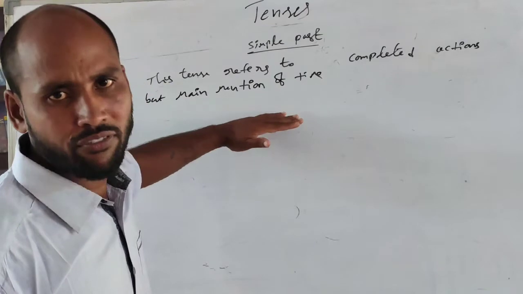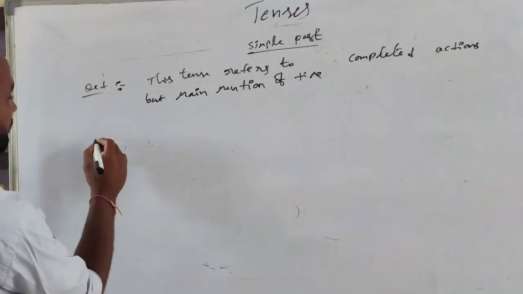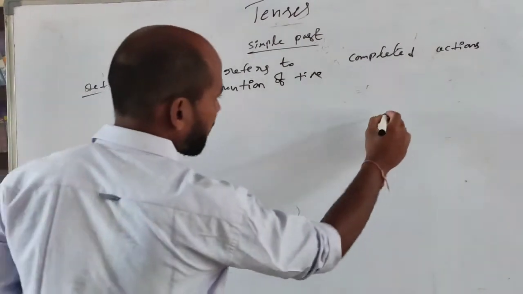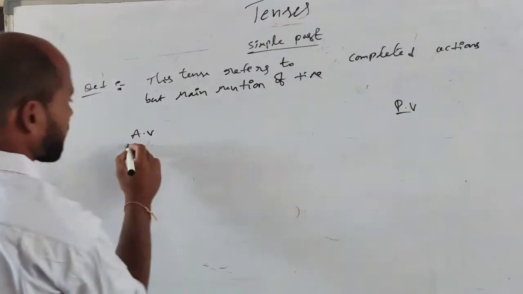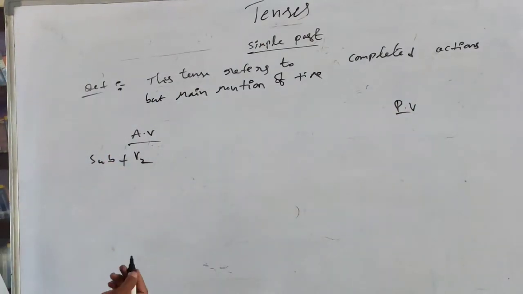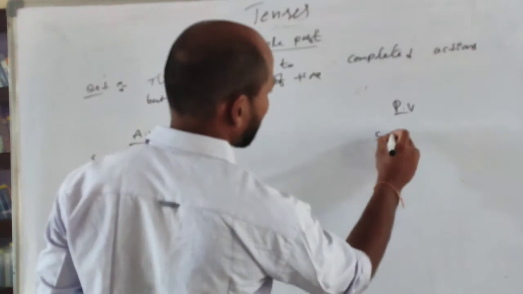Then after the definition, we write the structures: active voice structure and passive voice structure. Subject plus V2. Verb form V1 indicates simple present tense, V2 indicates simple past tense.